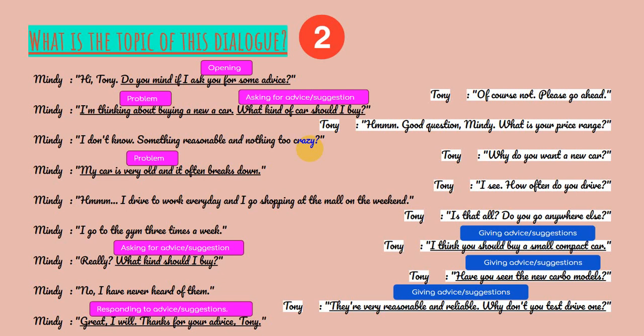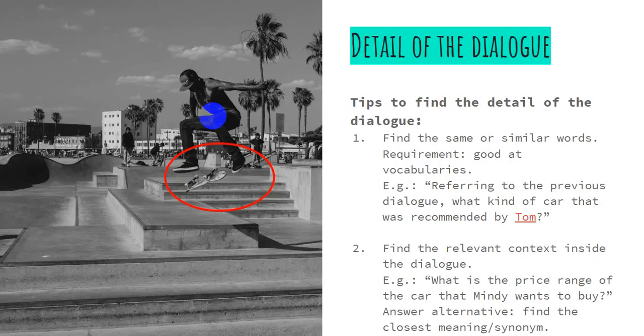Well, yeah, asking for advice or suggestion here is regarded as the more general topic of the dialogue. So that's why the topic of the dialogue is about asking for advice or suggestions about buying a new car. This is the topic of the dialogue. Okay? Now, let's go on.